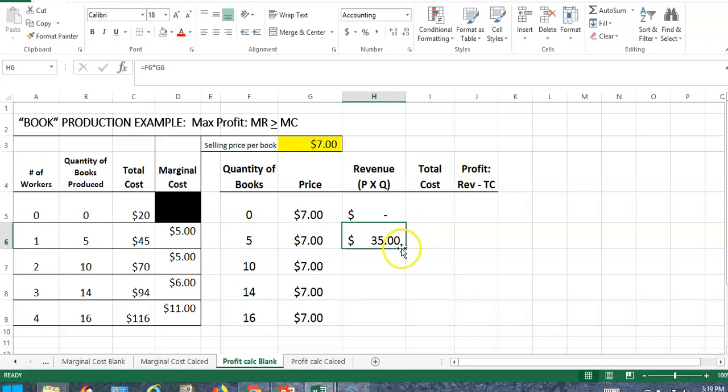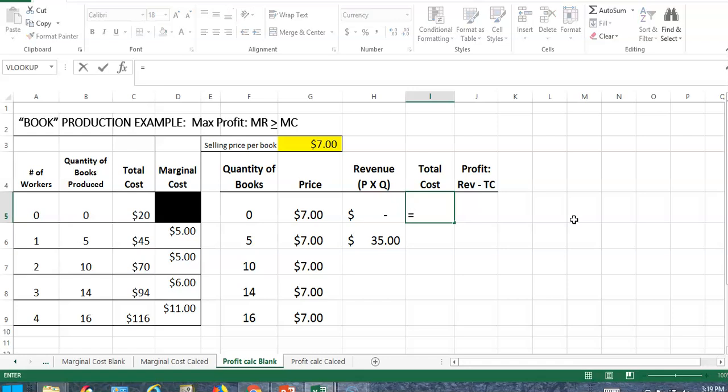Actually, before I continue down the table, it's going to be the same calculation. Let's go back to the quantity of 0 and calculate our profit. Well, total cost, I'm just going to repeat my column from over here, because remember, it was $20 total cost, even if we didn't sell any books and even if we didn't have any workers, because we still have our fixed costs.